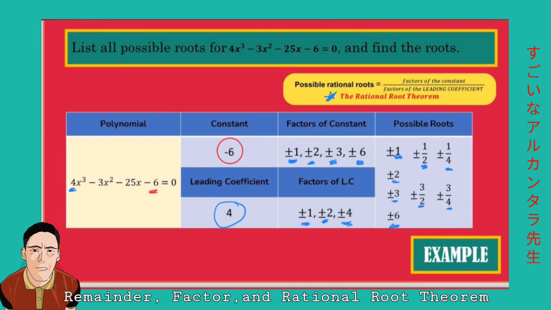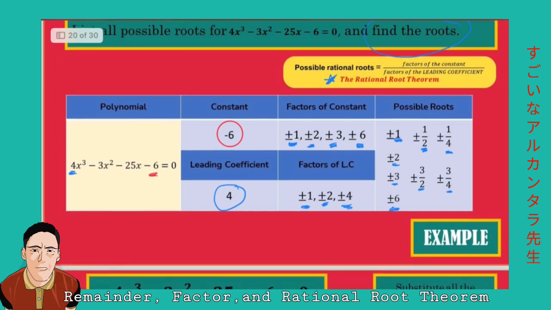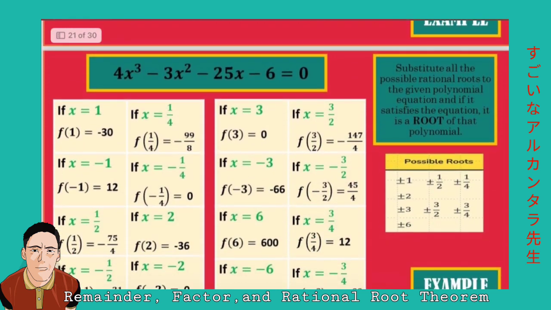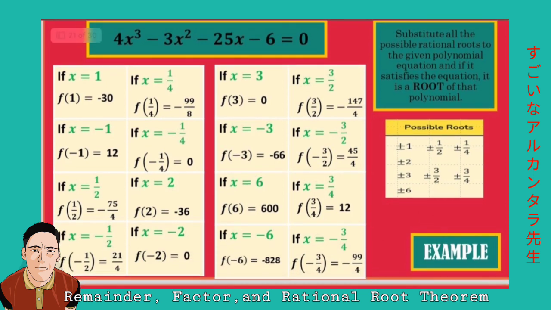So how do you use the concept of the rational root theorem in order to find the roots as indicated in the instructions? The long method is basically applying the remainder or factor theorem by substituting all of the possible roots one by one. If you do that, you're going to have the following answers. The goal here is to identify what the root is: it should be the one that satisfies the equation.